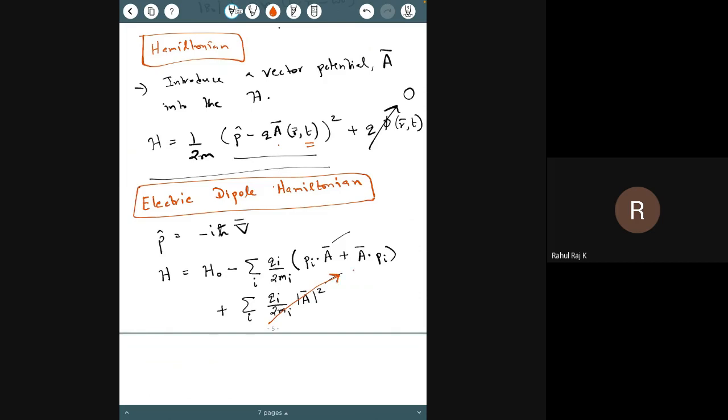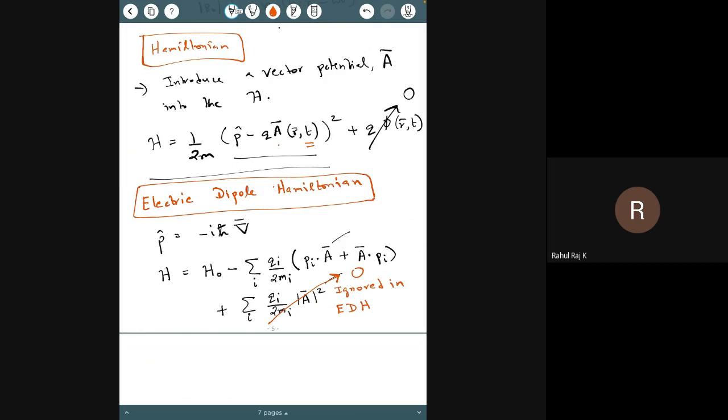So this is 0. This is ignored in the electric dipole Hamiltonian. So this is considered to be very small because the fields from light are really small.